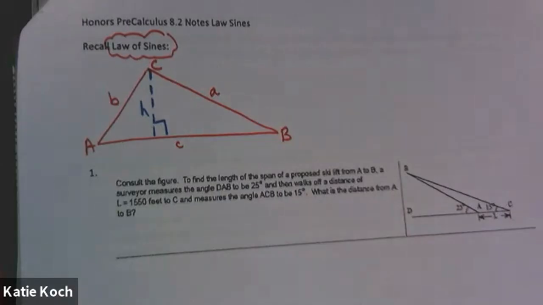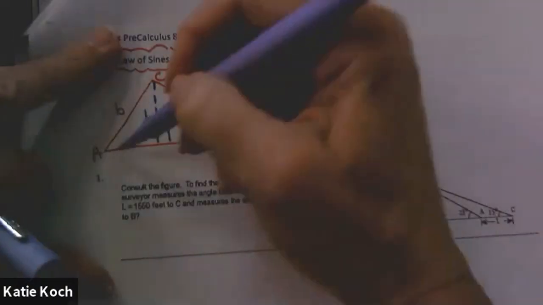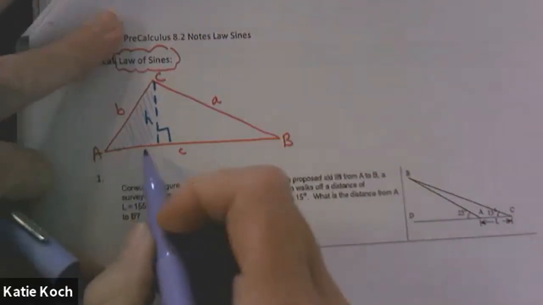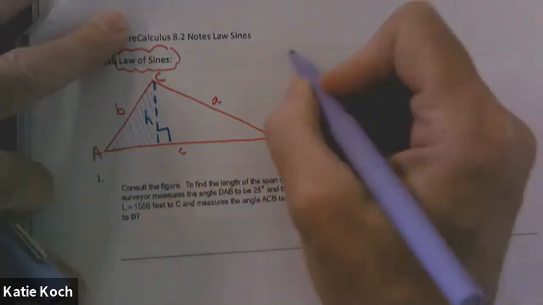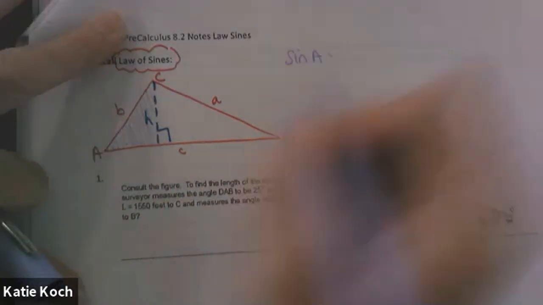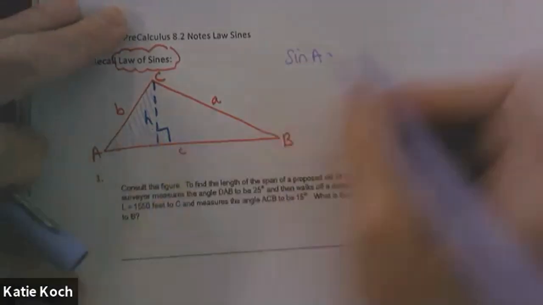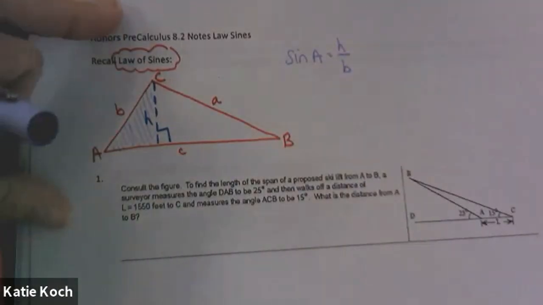On the left side here, we'll color it in purple. In this purple triangle, the sine of angle A is opposite over hypotenuse, so that would be H over B.